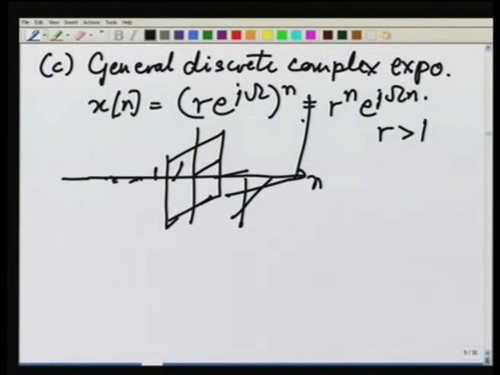Now, let us just put down the various properties of this general case.